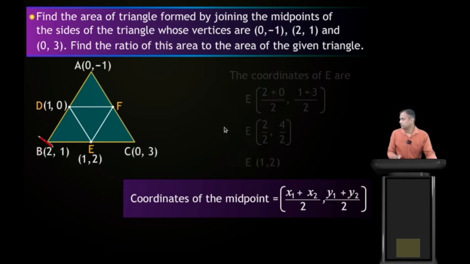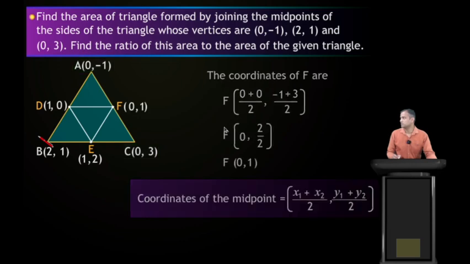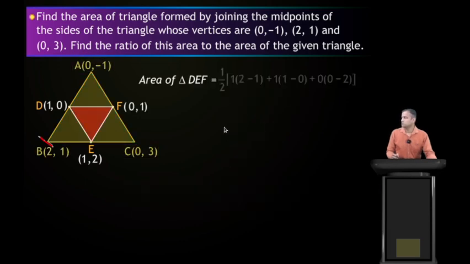Now the point is (1, 2). And for F, the coordinates are (0 + 0)/2 and (-1 + 3)/2. So now we have the values of D, E and F and also A, B and C. Now we can easily find the area of triangle DEF as well as ABC.